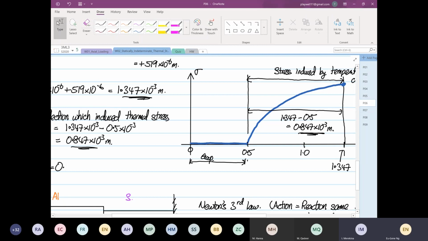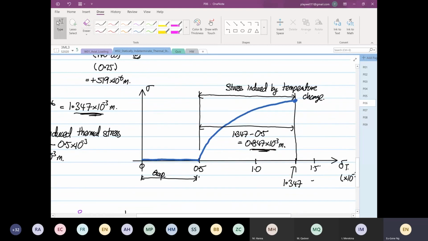We use 0.847, because whenever there's a gap, no stress. When there's no gap, then there's a stress. And from no gap onwards, at 0.847 distance change, there's a stress. So in this region I've drawn, you'll see a stress build up.